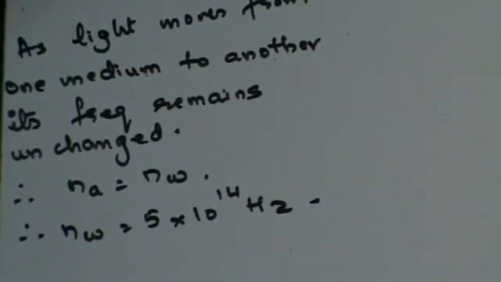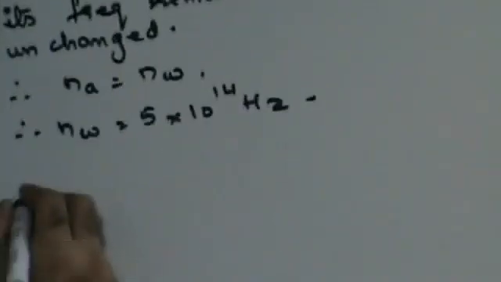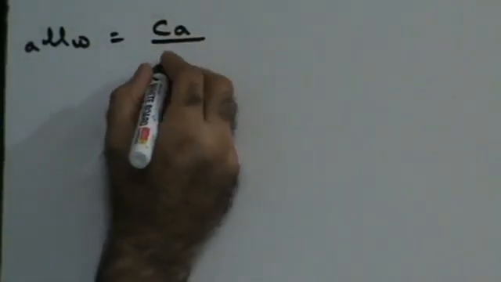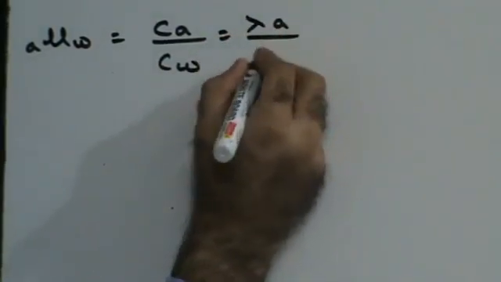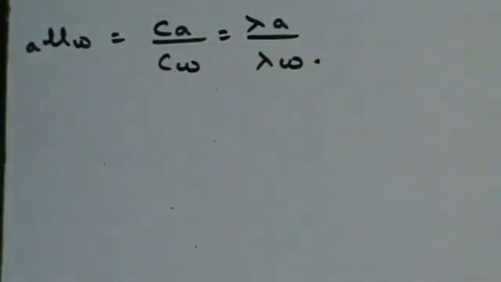Now, I can say that refractive index of water with respect to air is velocity in air upon velocity in water, which is also equal to wavelength in air upon wavelength in water, right? Now they have given you that.